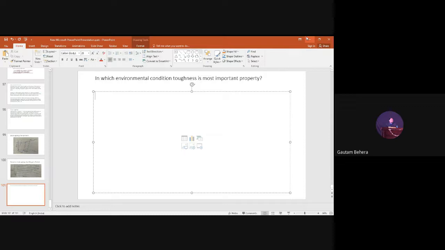Bishwajit, can you tell me in which atmospheric conditions toughness is the most important mechanical property?